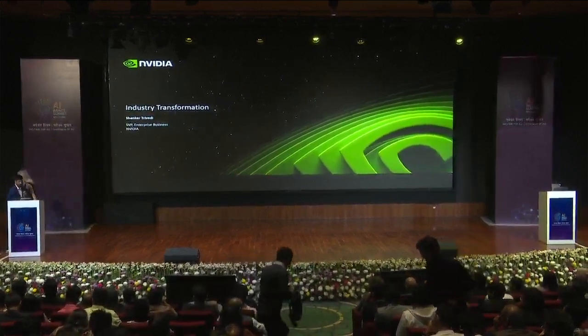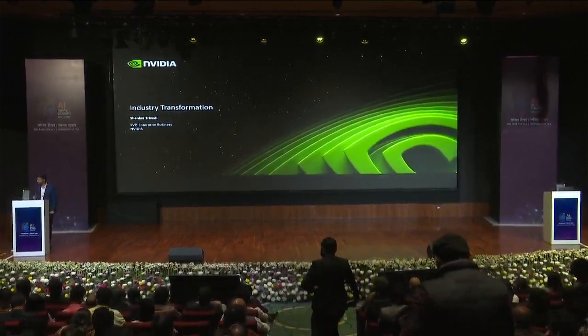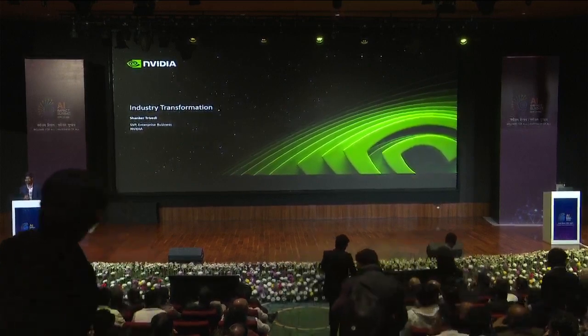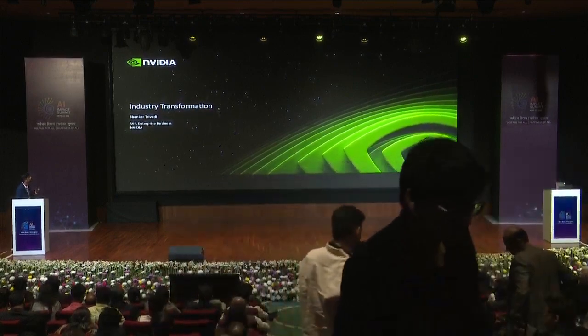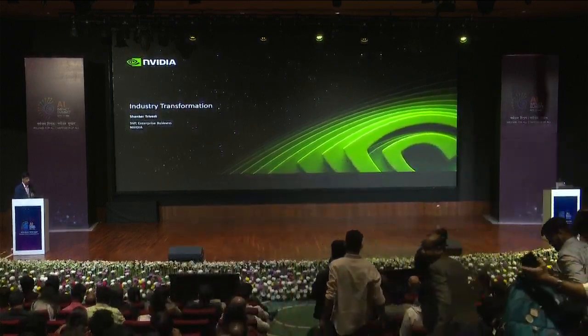Thank you, Kalista, for that amazing example of how sovereign AI can be built in a country and what a country can transform its citizens to adopt.